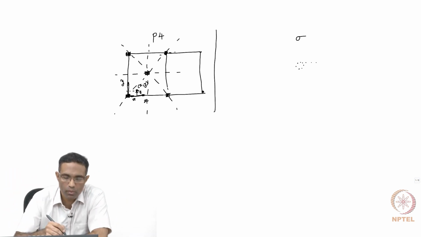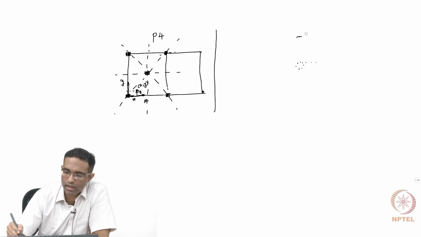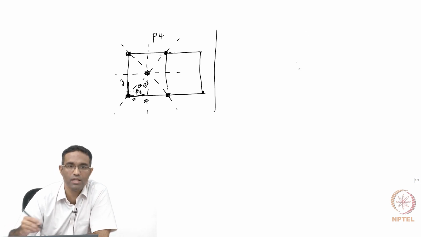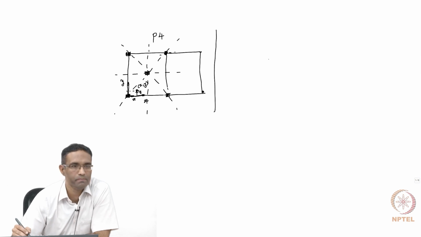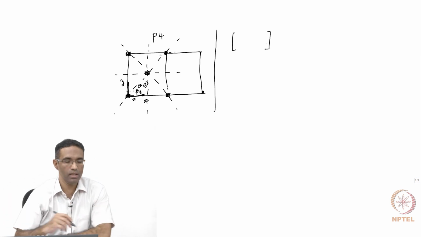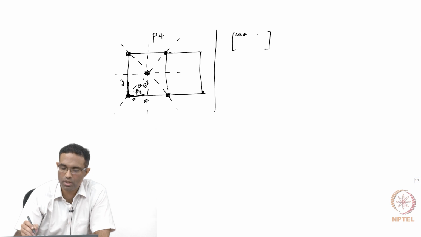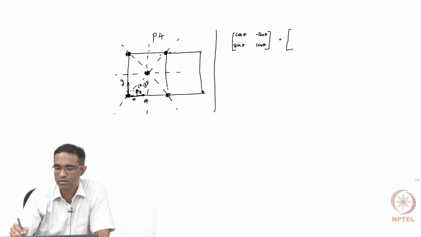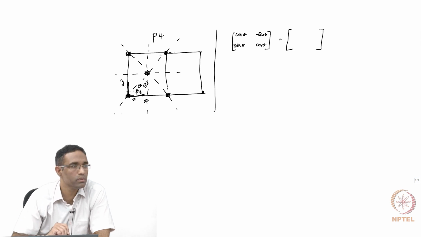Okay. So now what happens when I apply a fourfold rotation to this general point x, comma y? If you want to think of it as a rotation about the z axis, then the corresponding rotation matrix would be, right, theta is equal to pi by 2, 90 degrees. So this becomes 0, minus 1, 1, 0.